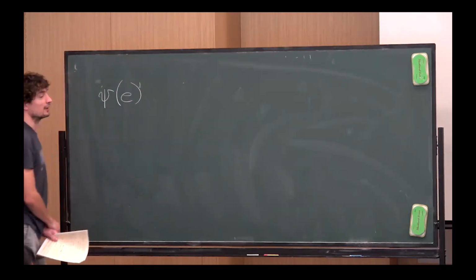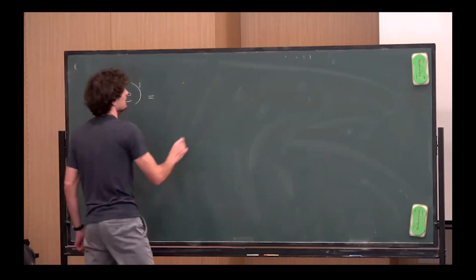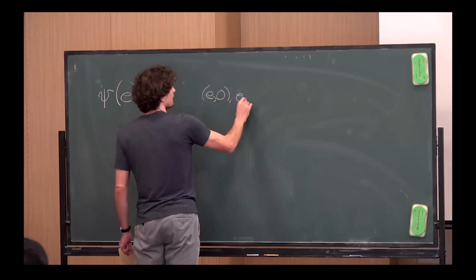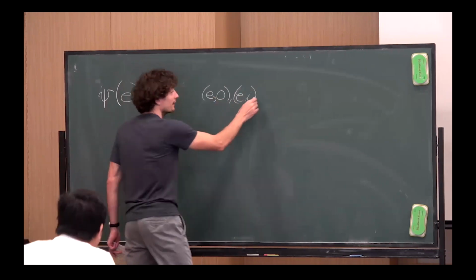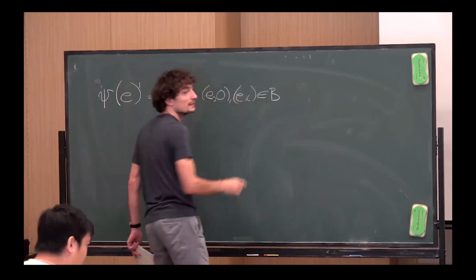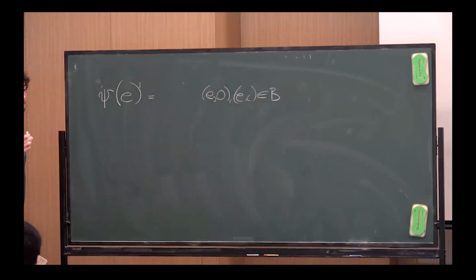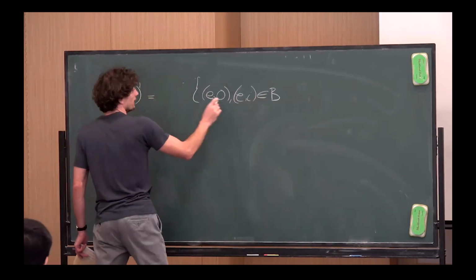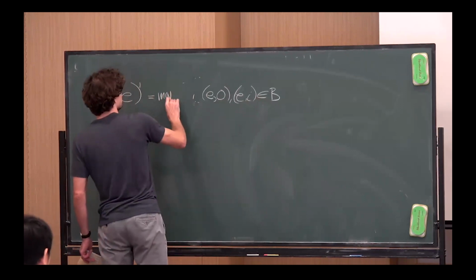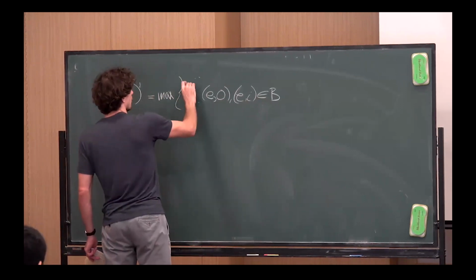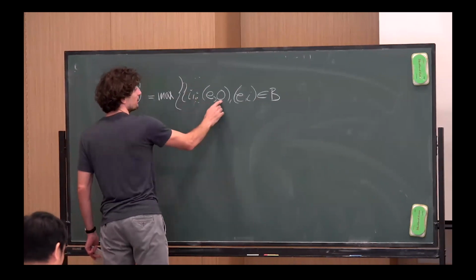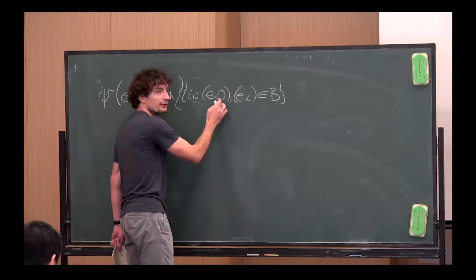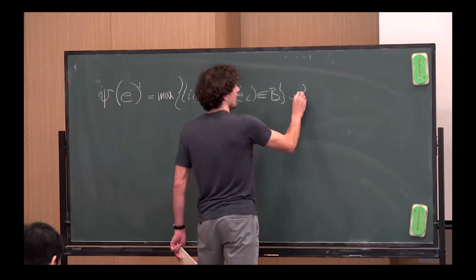The color of an edge E: if for this edge, both the colors 0 and I are available in B, then I would like to color it I. So it will be the maximum of all I such that E0 and EI are available for B. And if I don't have a color I where 0 and I are available for E, I will color it 0.